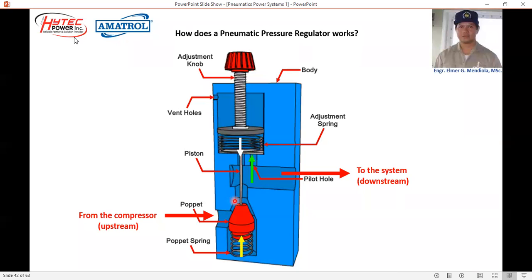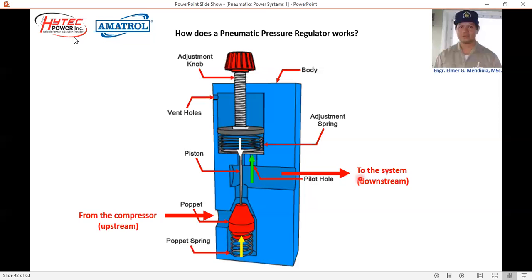So you'll notice that this piston is connected through the poppet valve. So the poppet valve will move this way, overcoming also the poppet spring, thereby increasing the opening here. Okay, so the pressure from the compressed air will flow through this gap here to the downstream side.